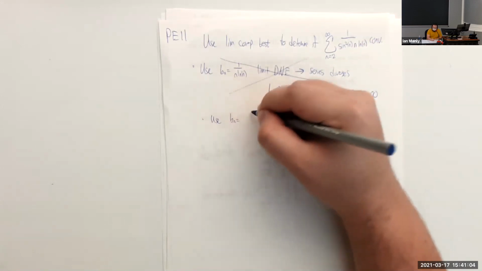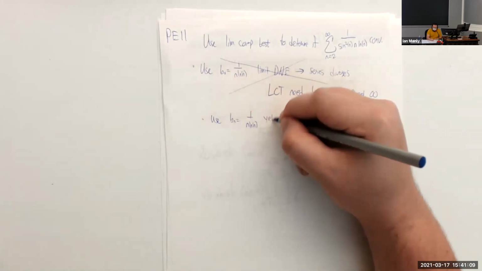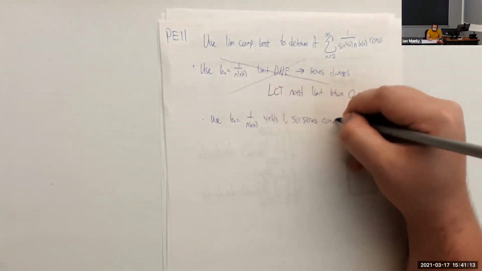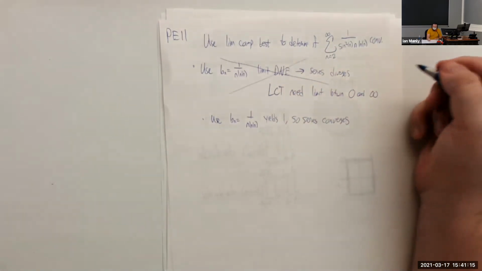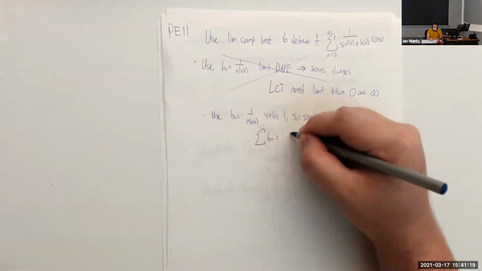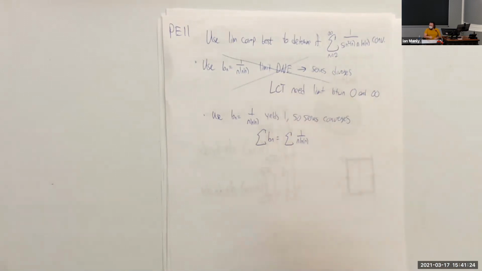Use Bn as 1 over n ln of n, and that yields 1. So the series converges. All right, now let's think about what Bn does. Bn as a series is the sum of 1 over n ln of n, right?